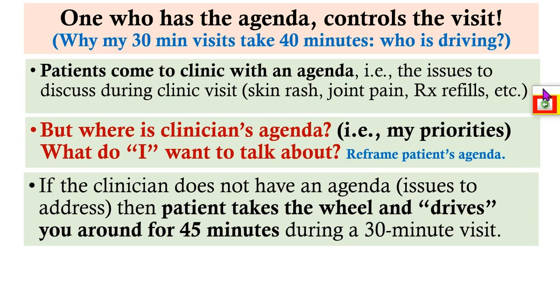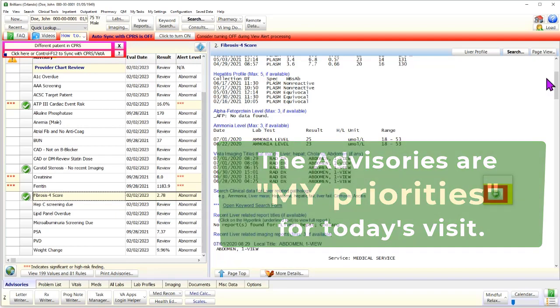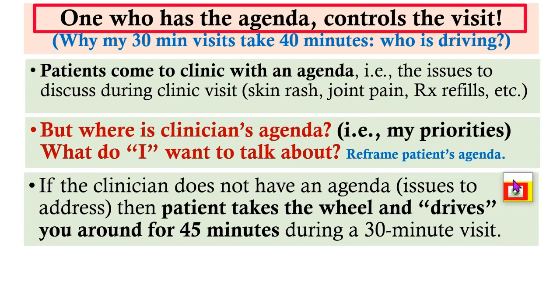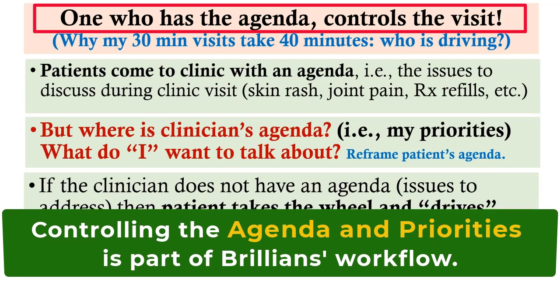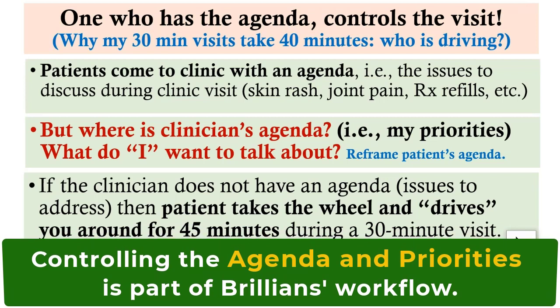In the end, if I take over and start talking about these clinical issues and put the emphasis where it is important from my point of view, versus letting the patient drive, the patient will talk to you about your back pain and more narcotics all day and you don't accomplish anything. So controlling the agenda is part of the Brilliance design, and that's something that is not apparent, not obvious when you look at the application, and that's why I wanted to throw in these slides.